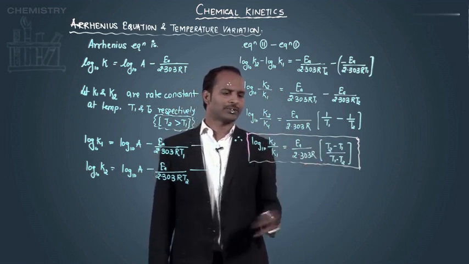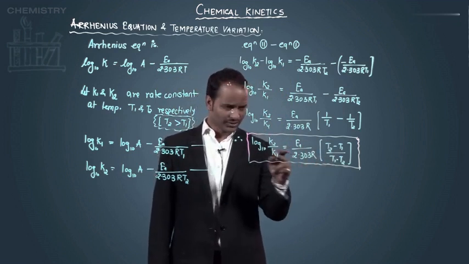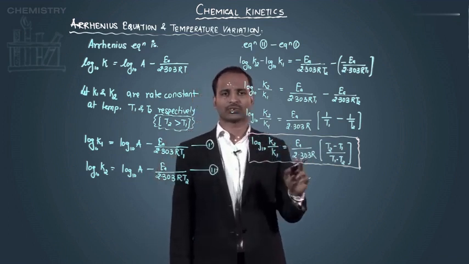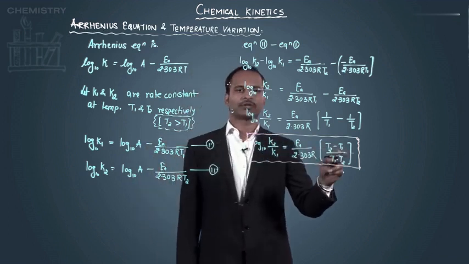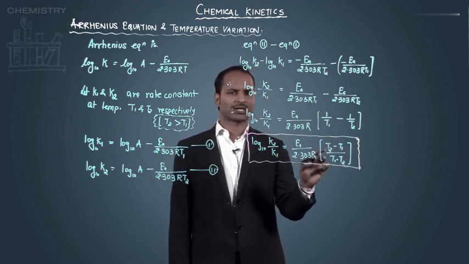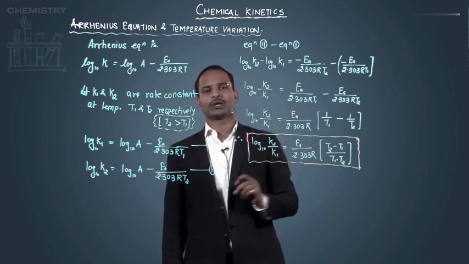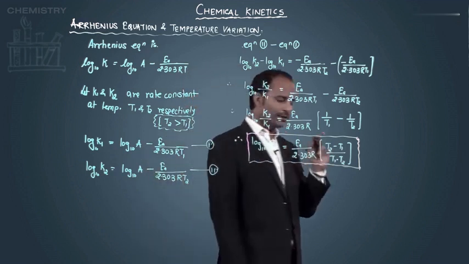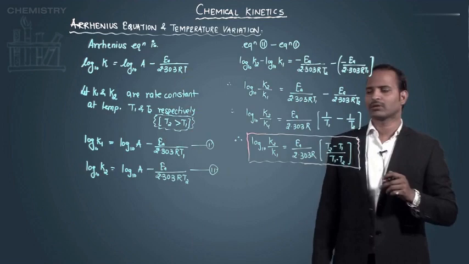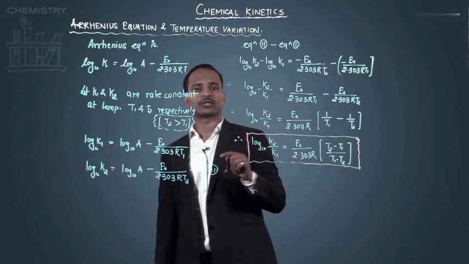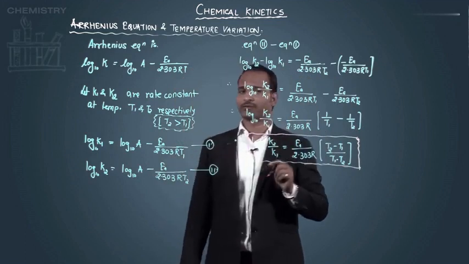If you are changing a temperature by 10 Kelvin, just use all the relations with the activation energy, and you will come to know that K2 upon K1 is between 2 and 3. Means if you are changing a temperature by 10 degrees Celsius, whatever the temperature, just use the formula, and when you calculate K2 upon K1, you will get an answer between 2 and 3, because K2 upon K1 is nothing but the temperature coefficient.